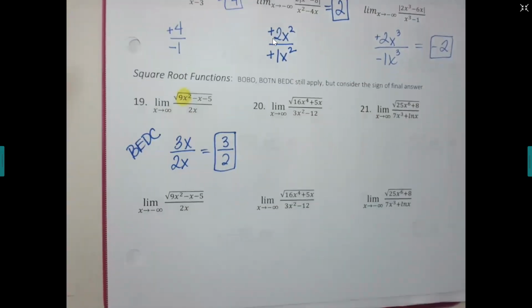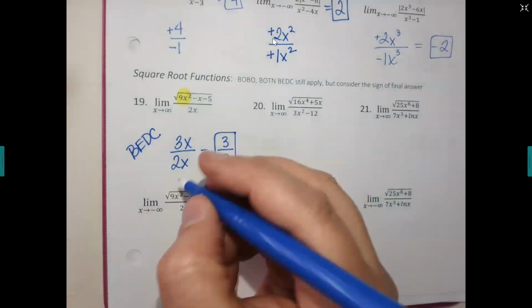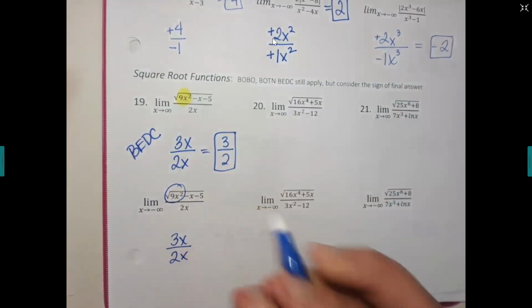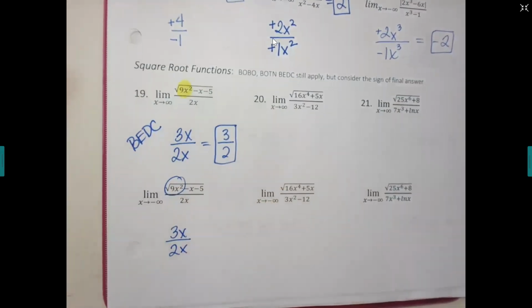Now let's say I'm going to negative infinity. Okay, for negative infinity, this is still going to be a 3x over 2x, but I have to check the signs because it's one of your 3 weirdos. Okay, if I have a negative infinity and I square it, how's the top going to come out? Positive or negative? Put a plus there.